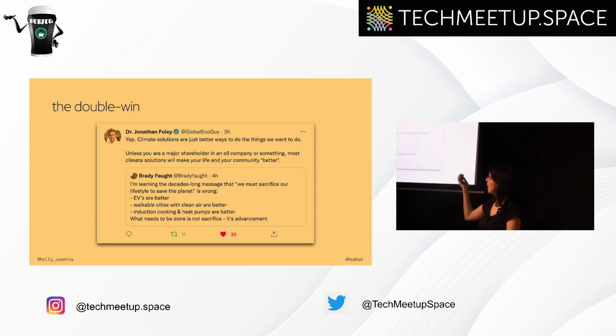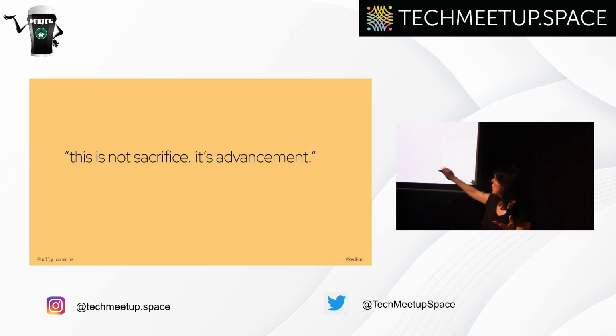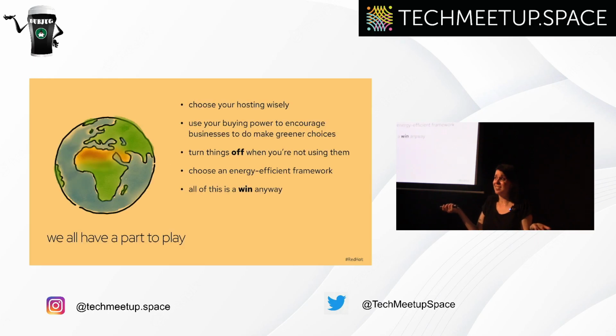Someone said that all of these things that I thought were going to be really tough choices, like switching to an electric vehicle or using a heat pump or having cities where I can walk around instead of cities full of cars, that's actually better, and it makes me happy. And so I like this last line, which is, it's not sacrifice, it's advancement. Our technology is getting better and it's lower in carbon, but we also have other benefits as well, which I think is really positive and really hopeful.